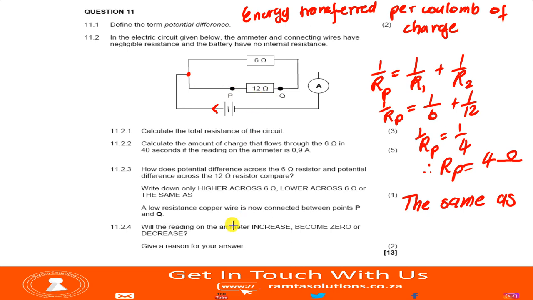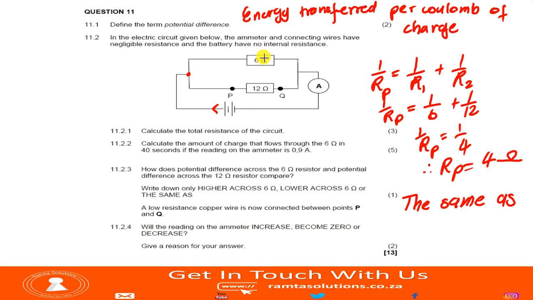So with that being said, they ask you now, will the reading on the ammeter increase, become 0, or decrease? If there is no resistance whatsoever on this line, we shouldn't be worried about it. So what it means is that the resistance RP changes from 4 ohms. Since this one is out, it will now only focus on this one, which will be 6 ohms.